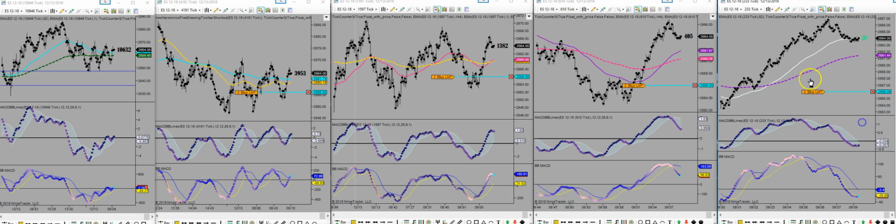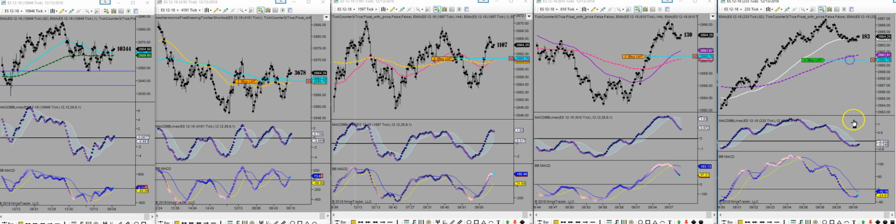Just going up. So I see the reasons for this to go up right here, but it probably should pull back just a little bit more before it does. Especially with this right here.